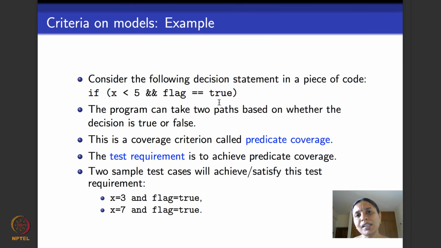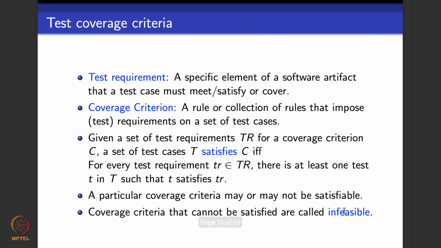Because predicate coverage says that you make this predicate that labels an if statement true once and false once. But the predicate is such that it can never be made false. If it can never be made false, then I can't achieve predicate coverage. When I can't achieve predicate coverage, then I say that the particular coverage criteria is what is called infeasible.